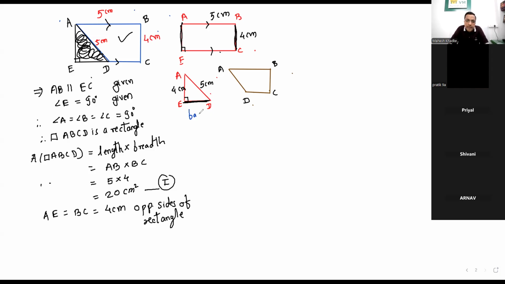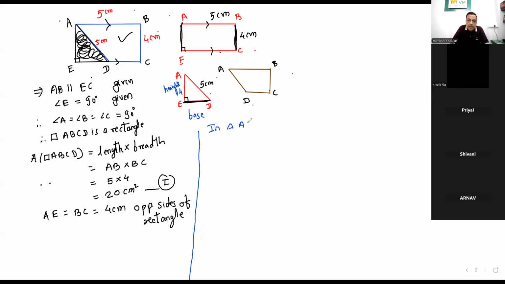Sorry, ED is a base and AE is a height. ओके, AE हाइट है. This AE is a height and that is 4. तो बेस की वैल्यू नहीं है. Again we will use Pythagoras theorem.